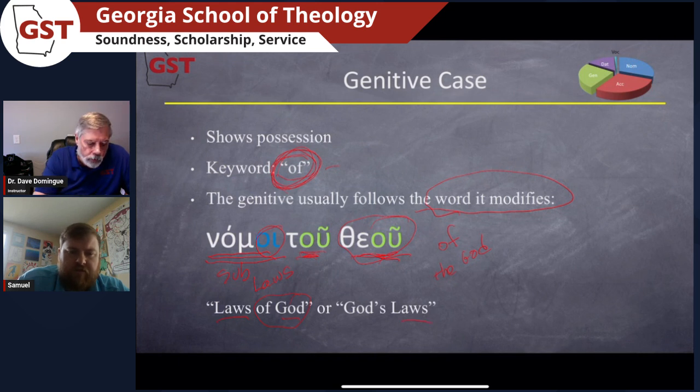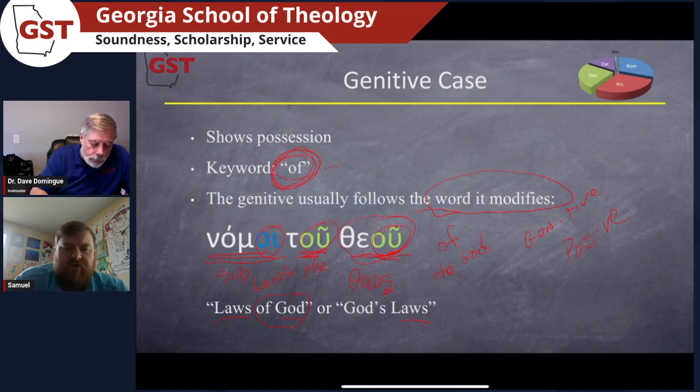All we did, this is our article, the, and this is our word, theos, and we inflected it. We changed the case ending from its sigma to its upsilon, and now we know it's functioning in the genitive case. Same here, we add the upsilon. Now we know it's functioning in the genitive case, which means it's going to function predominantly as possessive.